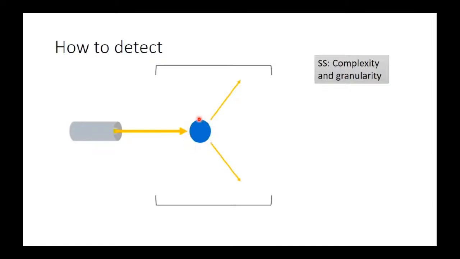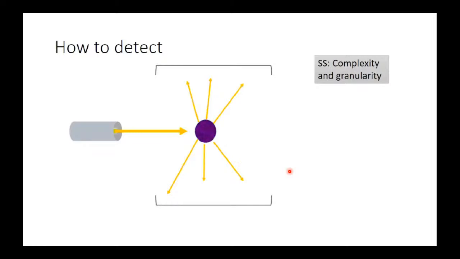Because the simple cells scatter the light in the side direction, yes, but when the cell is complex from inside, these little granules will also scatter light in different directions, and in this case I will get more side scattered light, like this. So this is a complex cell from inside. It contains small granules inside, and then these granules will also scatter the light in different directions, and in this case I will get higher intensity of the side scattered light.